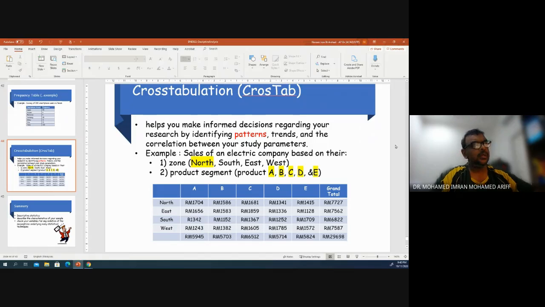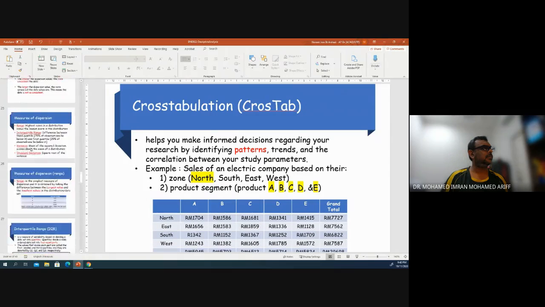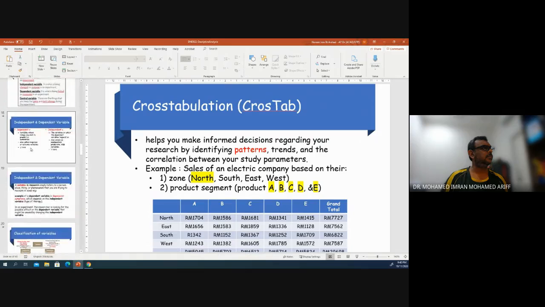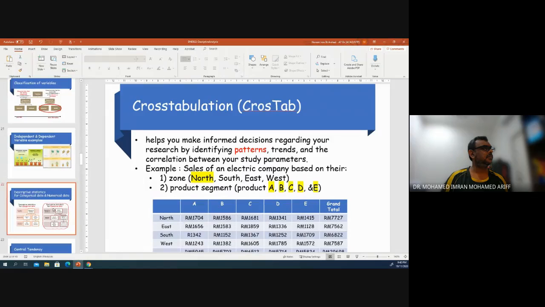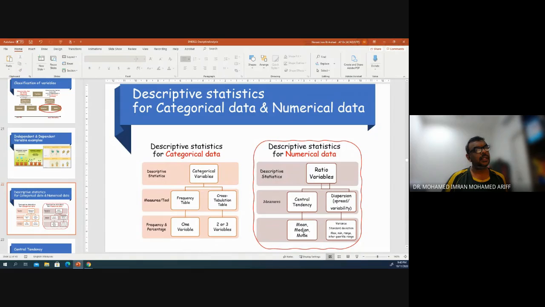Okay, so if we look here, for numerical data, after you get the mean, median, and mode, and you get the variance, to do inferential you use correlation.